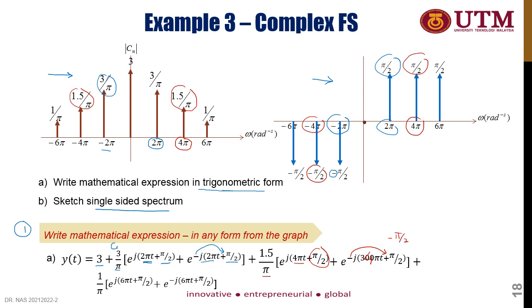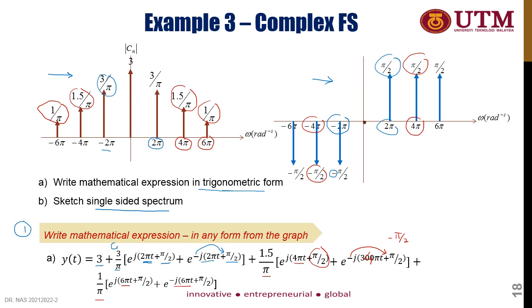Okay, move on to the last pulse at positive 6 pi, the amplitude is 1 over pi. So positive and negative 1 over pi is the coefficient or the magnitude, and check the phase spectrum.